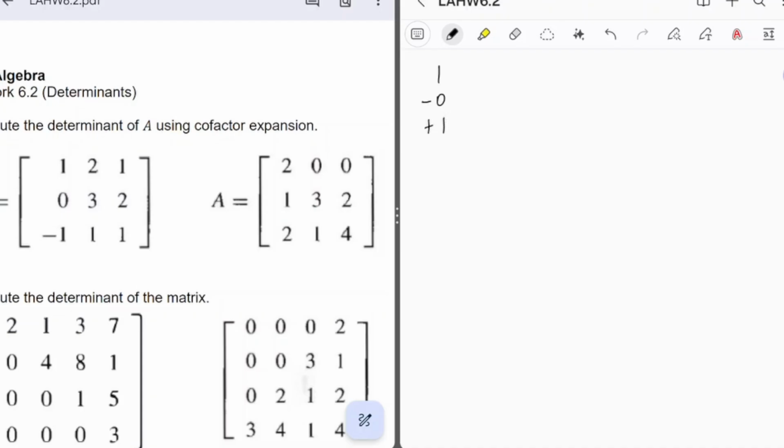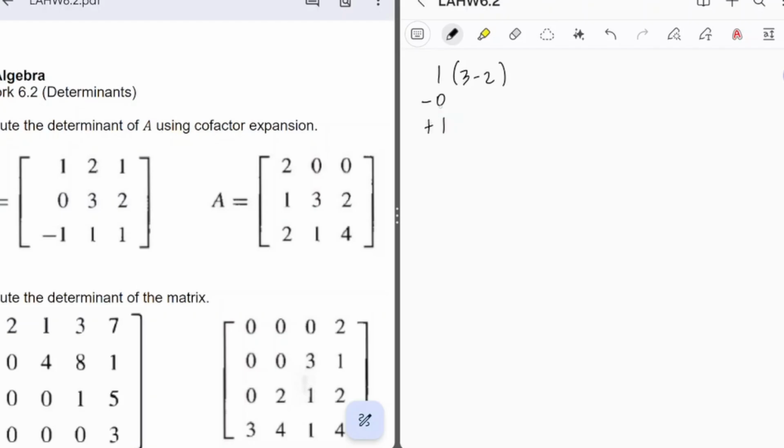Now, when I do that first one, I'm going to remove the first row and the first column and take the determinant of what's left. So 3 minus 2. Then with the 0, it doesn't matter because 0 times anything is going to be 0.